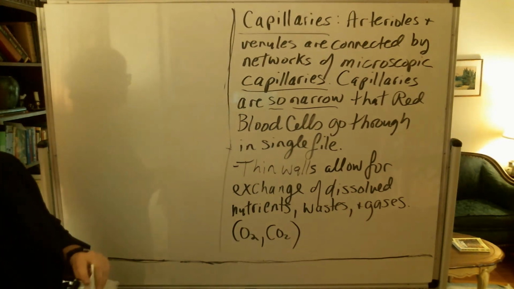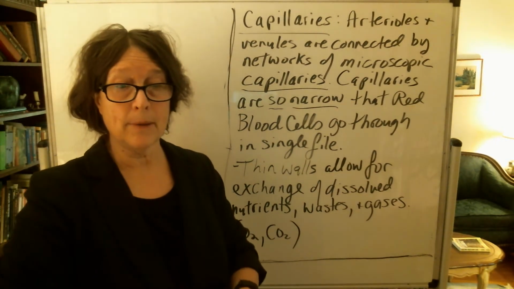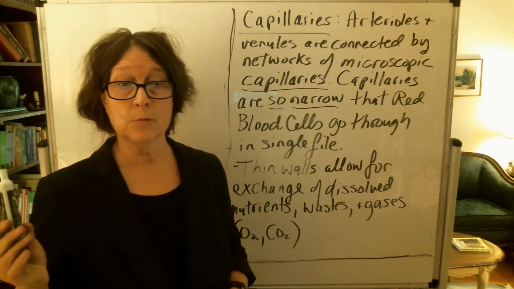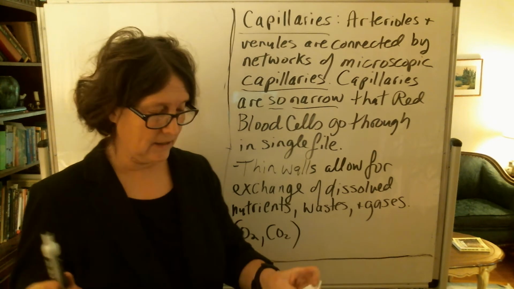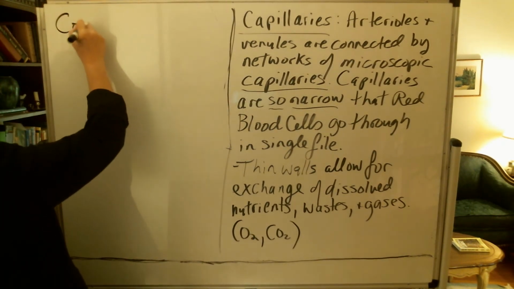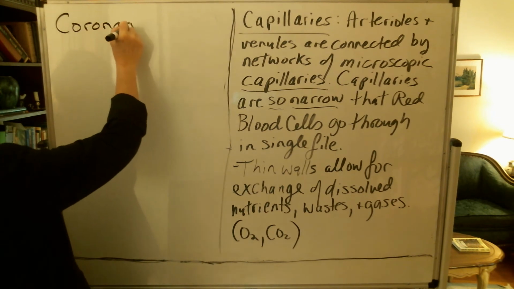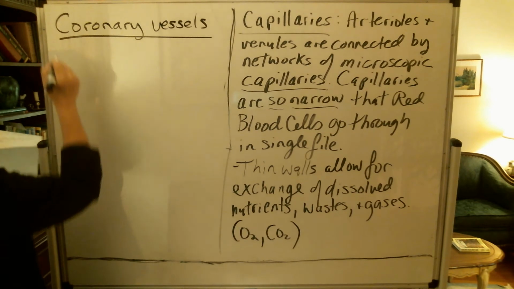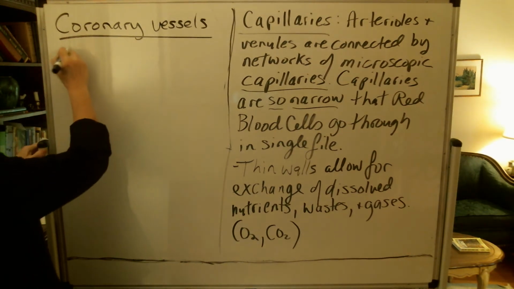Okay, so I'm going to talk about just a few specific blood vessels in this lecture. Much more on that will be done in later lectures. But just briefly, we have coronary vessels, which is a blanket term.